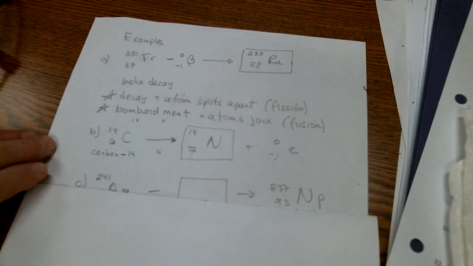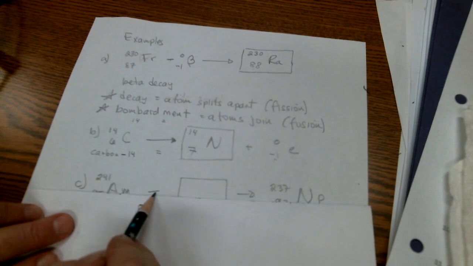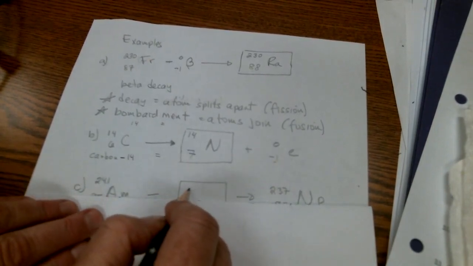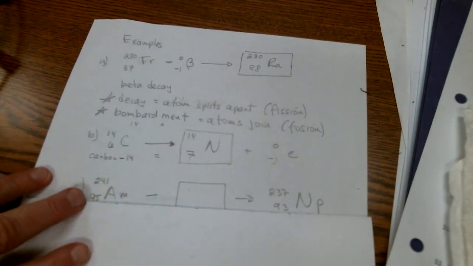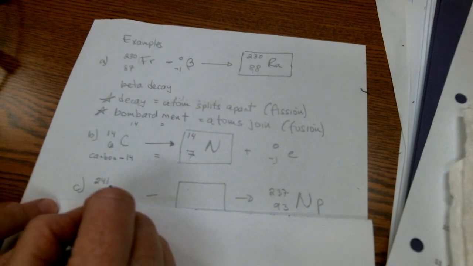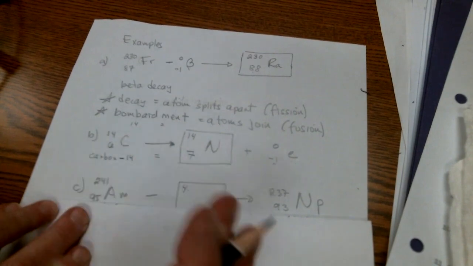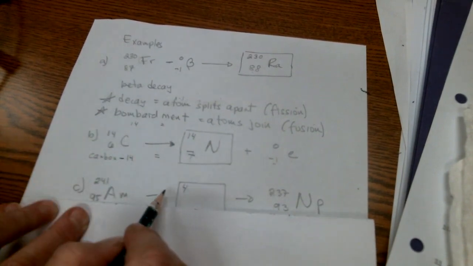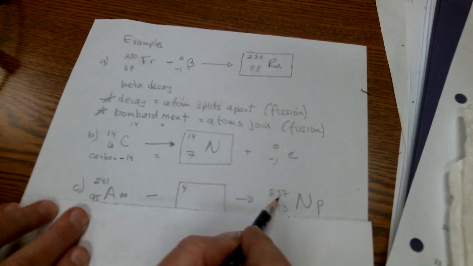Let's do the top numbers. 241 minus something would give me 237. So 241 minus what? Minus 4. Let's check: 241 minus 4 gives me 237.